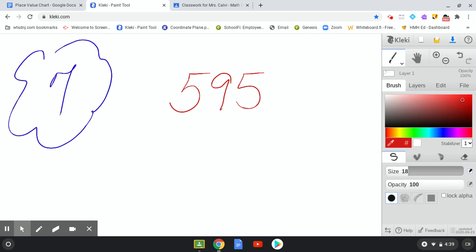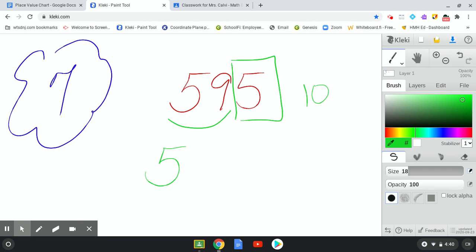Okay, for the 7 rule, we have to double the last digit. So if I double 5, that equals 10. The next part of the rule says to take that and subtract it from the beginning part of the number. So I'm going to then take 59 and subtract 10.